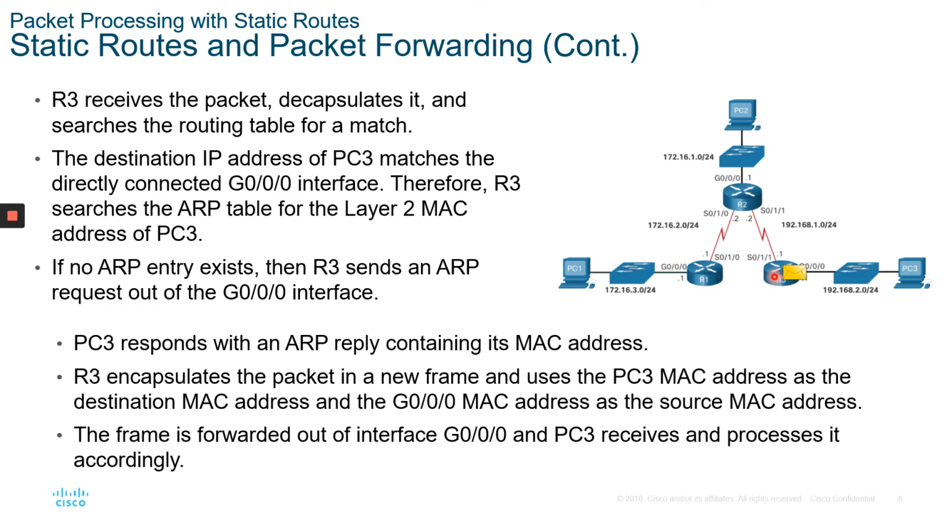If it can't find it, then it will send an ARP request to this network over here, and PC3 will receive that ARP request and reply back with its MAC address. Then R3 will use that MAC address and forward the message to PC3. So this is how the whole process works.